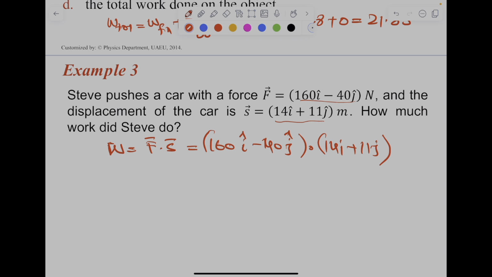So you need to take a dot product. I multiplied by i, so 160 multiplied by 14, minus 40 multiplied by 11. So dot product is just a number, and you calculate 1800 joules.